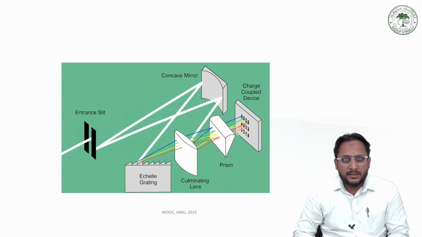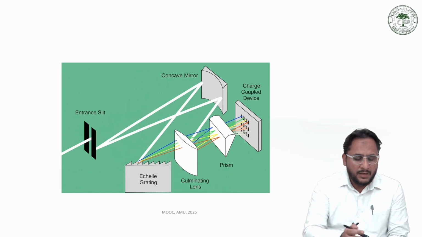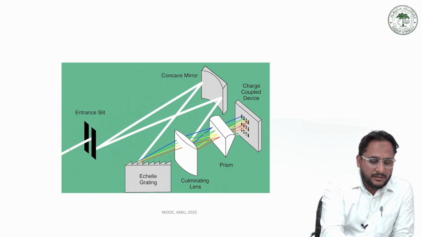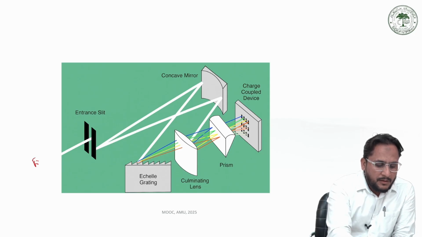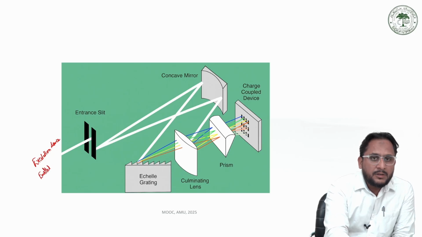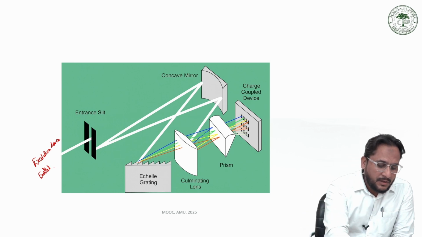So this is a schematic diagram of a monochromator, where we have an entrance slit. This white light is coming from the excitation source, and it is the light emitted when electrons of the sample, after excitation, return back to their ground state.